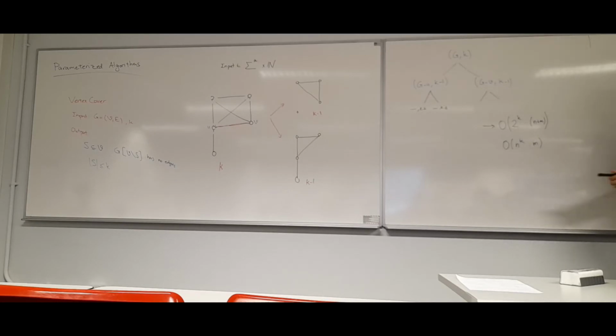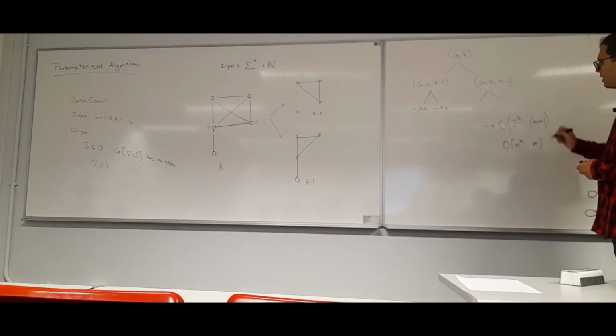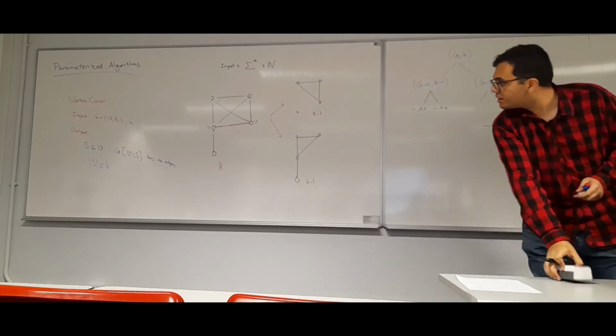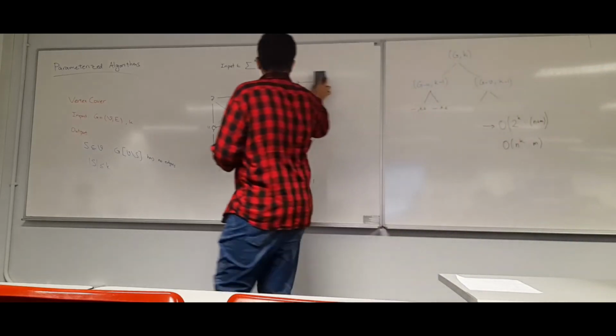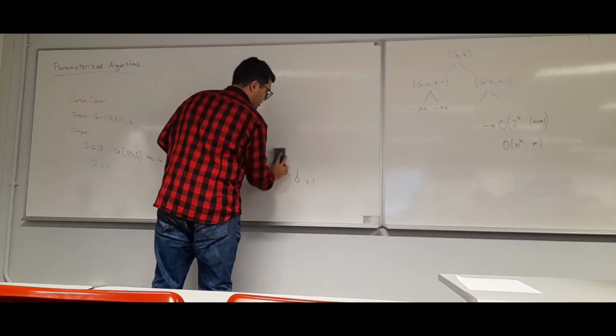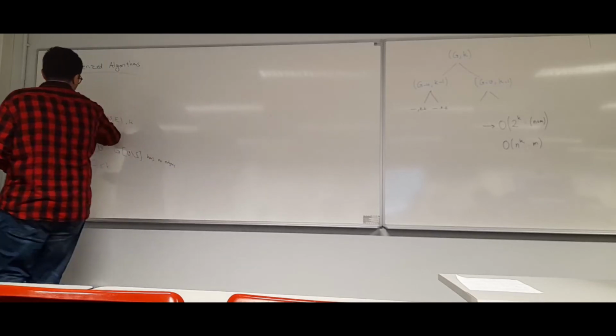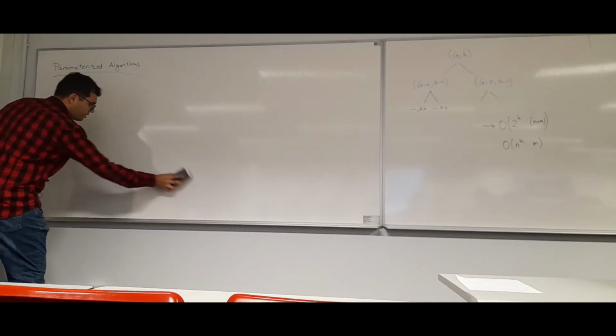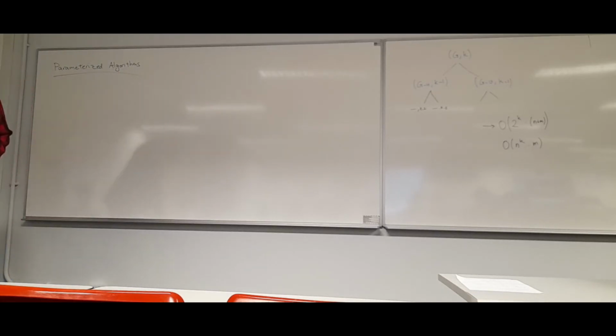So the name that we use for algorithms of this type is FPT. And okay, let me maybe erase this part. Okay, so the name we have is FPT, and it stands for fixed parameter tractable.